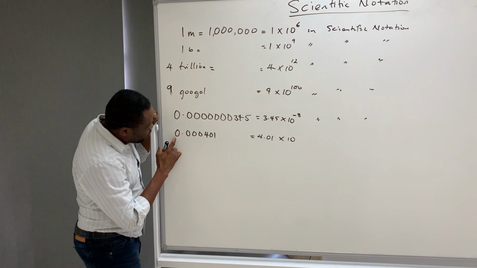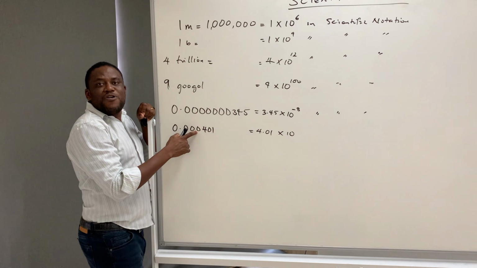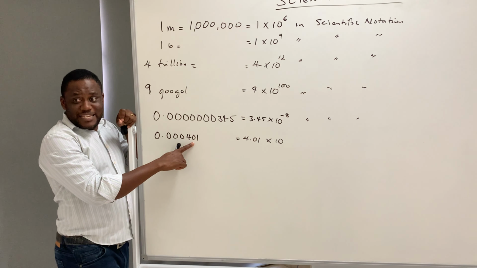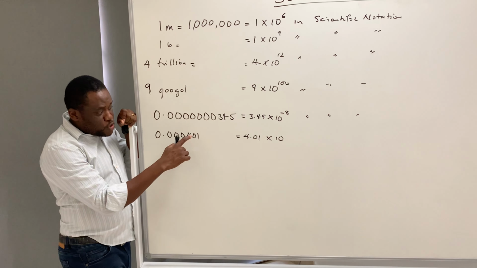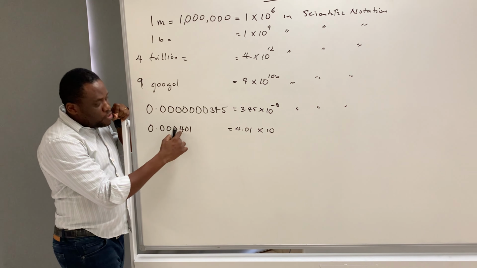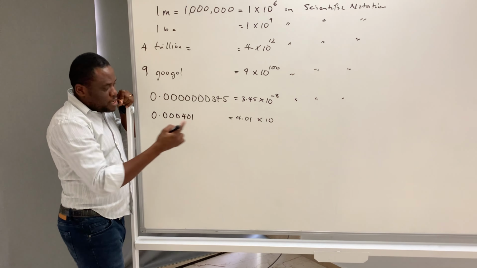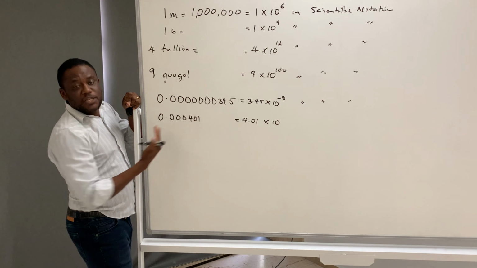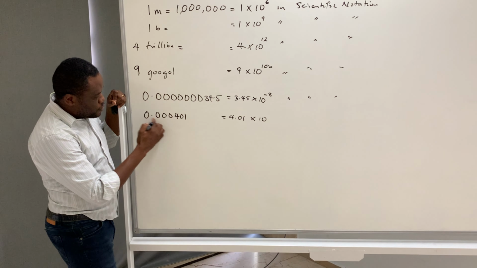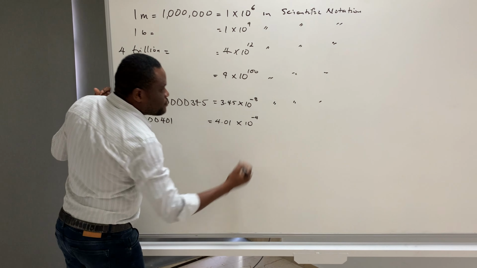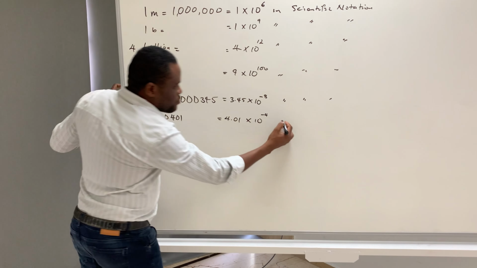How many zeros do we have before the number? 1, 2, 3, 4. You don't count this 0. I deliberately gave this example. This 0 is within the number. It is a number, but a 0 before the number is counted. It is 1, 2, 3, 4. So it's negative 4.